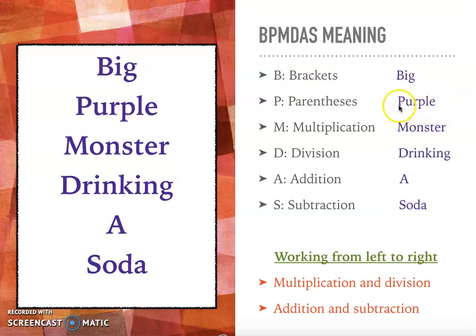The P in purple represents parentheses. The M in monster represents multiplication. The D in drinking represents division. And the A in a represents addition, and the S for soda represents subtraction.